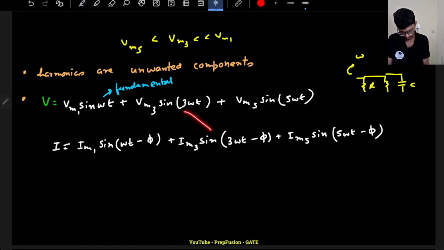You can easily calculate the power. Sorry, this will be some phi: this will be phi 1, this will be phi 3, this will be phi 5. So you can easily calculate the powers.